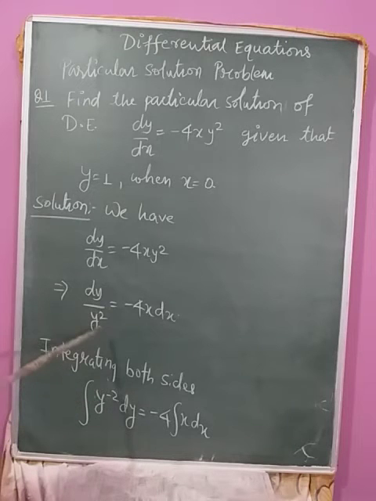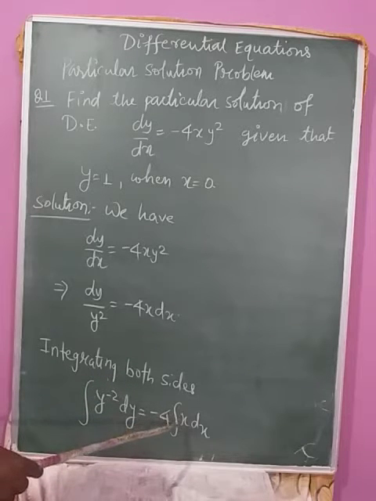y to the power minus 2 dy equal to minus 4 integration x dx.